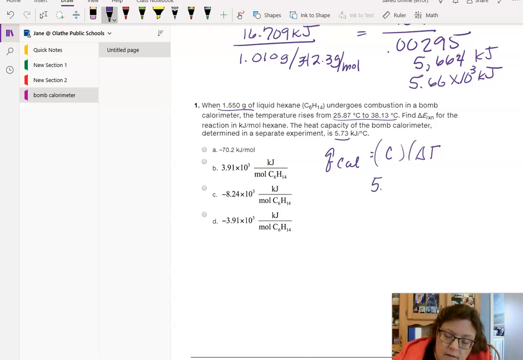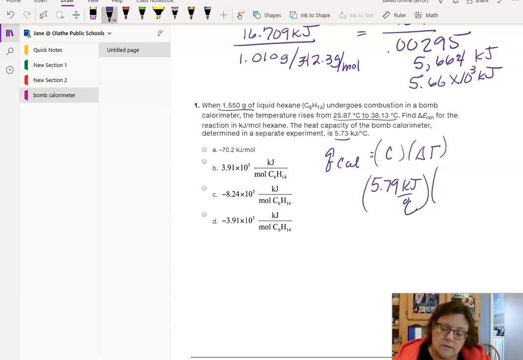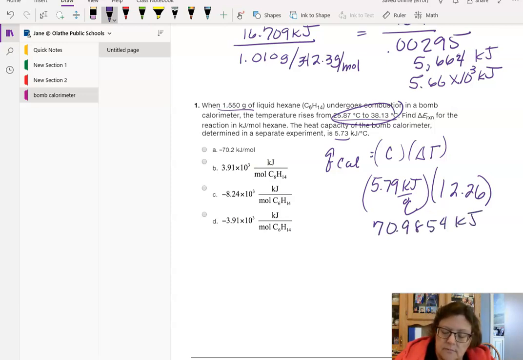Specific heat is 5.79 kilojoules per degree Celsius, and our temperature change is 38.13 minus 25.87, 12.26. I subtracted the smaller one from the bigger one. Now I'm going to multiply that by 5.79, and I get 70.9854. I'm not worrying about sig figs yet.